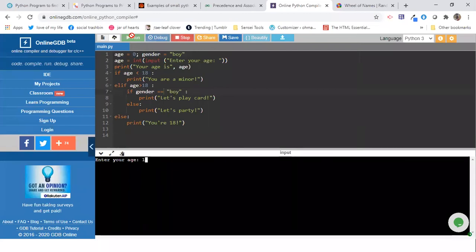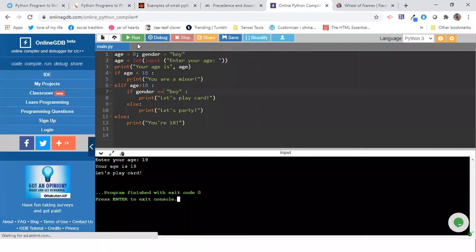If you put here 18, walang error. If you put 19, walang error. Ulitin natin. 19, walang error. Let's party kasi void din yung value niya.